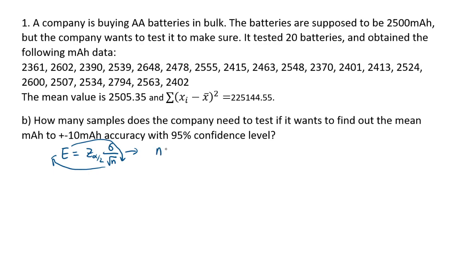You get n equals z alpha over 2 sigma over E, and the entire thing is squared. So that requires we find z alpha over 2, which is inverse norm of 1 minus alpha over 2. So let's do that.